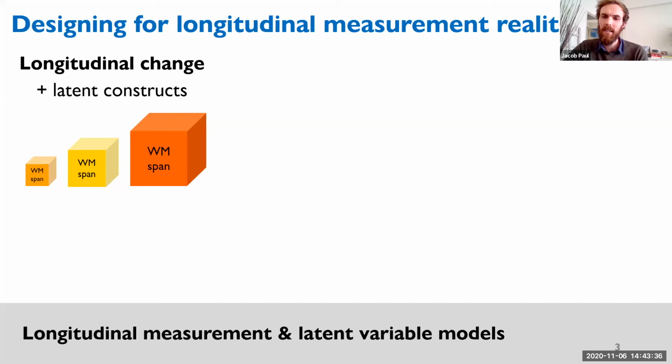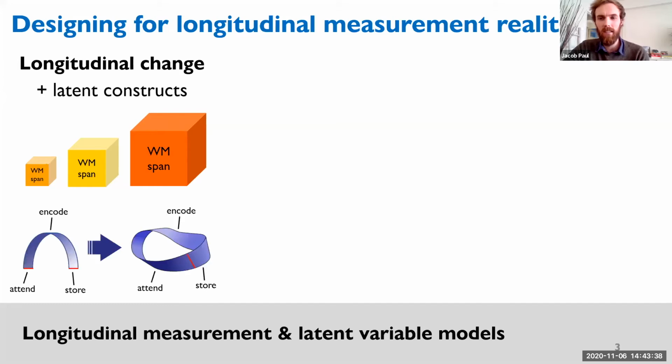Instead, what we're more interested in is potentially the complexity of a more latent construct. So in an example here, we might consider the working memory span of a young child. If you draw it out diagrammatically, you can imagine these are particular skills which we can measure with tasks.